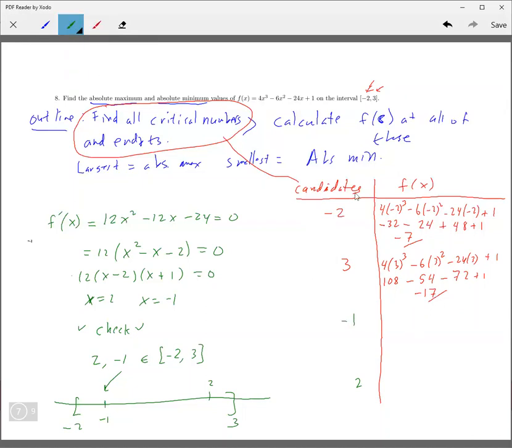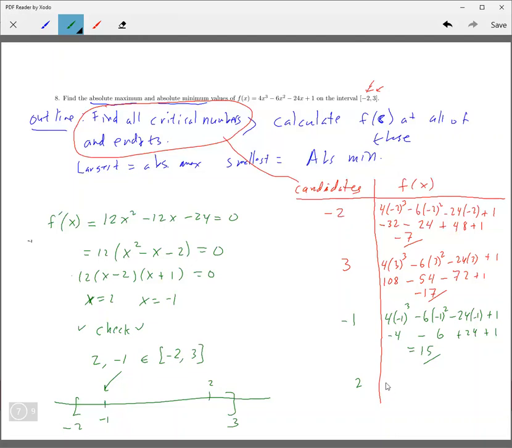Okay, then negative 1. So that's going to be negative 4 minus 6 plus 24 plus 1. Looks like 15.